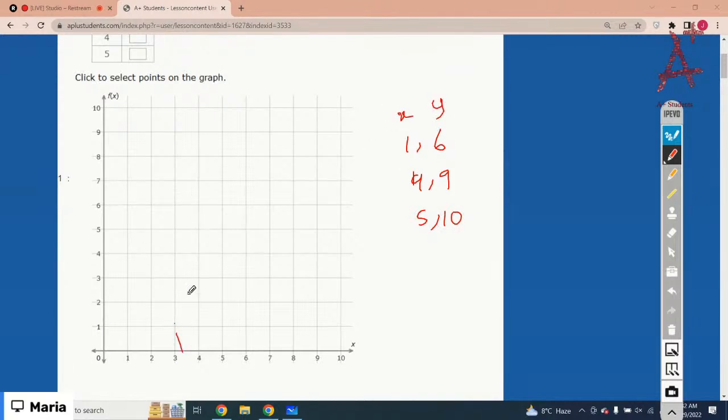Here you have x and y: 1, 6, 4, 9, 5, 10. Okay, x is 1 and y is 6. X is 4 and y is 9. X is 5, y is 10.